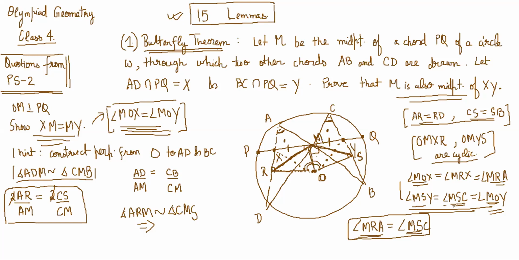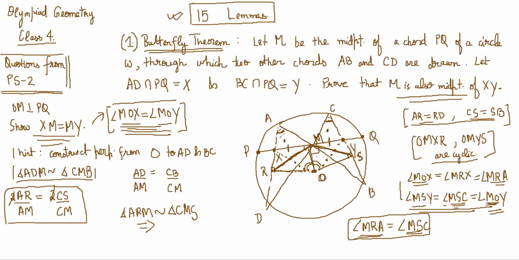Similarly, MSY is equal to MSC is equal to MOY. So to prove MOX is equal to MOY, we have got these two, so instead we can directly prove MRA and MSC are equal.